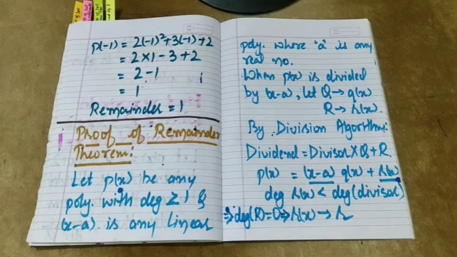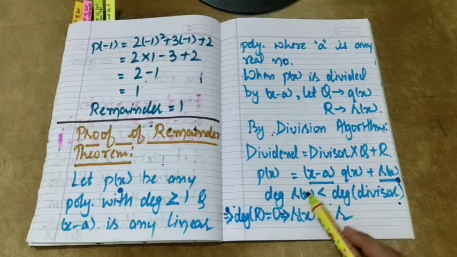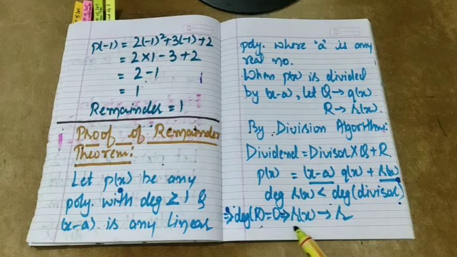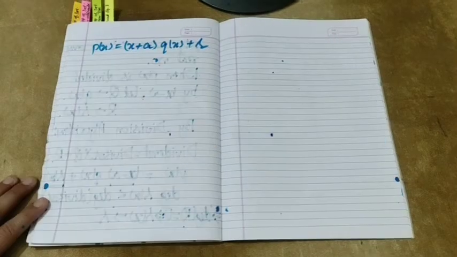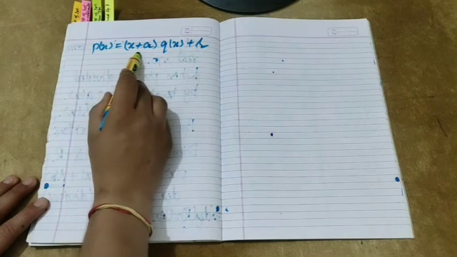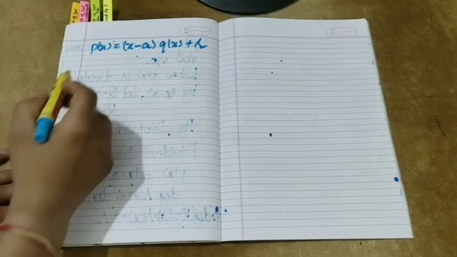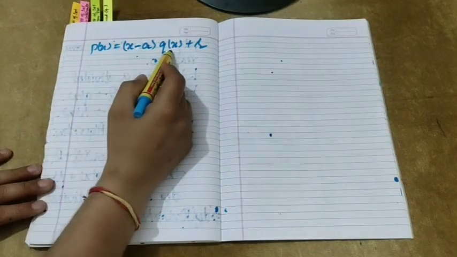Again, since the degree of the remainder is always less than the degree of the divisor, and here the degree of the divisor is 1, the degree of the remainder will be 0. That's why we have written r of x as r, which depicts the constant polynomial. So accordingly, we get p of x equals x minus a into q x plus r.